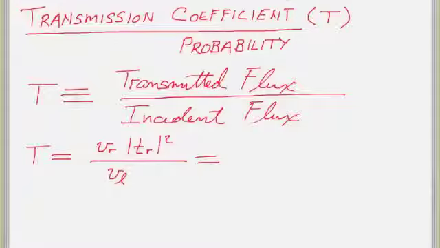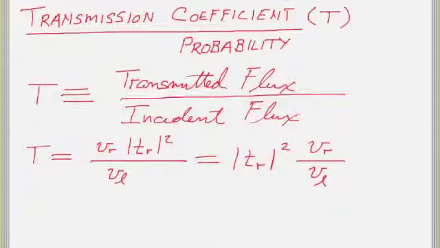And so we have that the transmission coefficient is the amplitude of the transmitted wave magnitude squared times the ratio of the velocities, the ratio of the final velocity over the incident velocity.